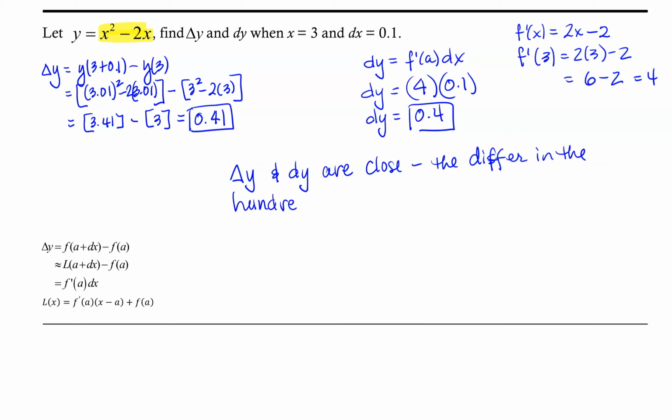So while this was not an example of when you might use dy over delta y, this provides us some insight into how this differential can be used as a means for approximating that true change in the y value.